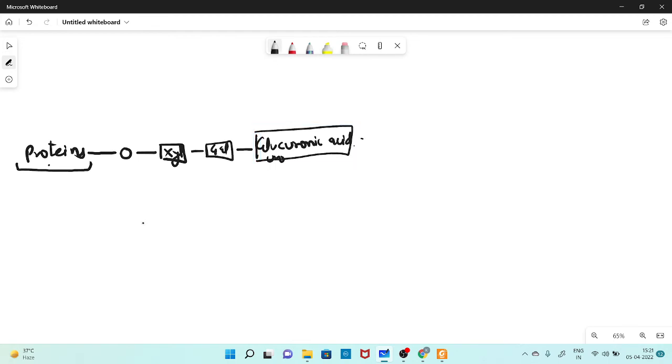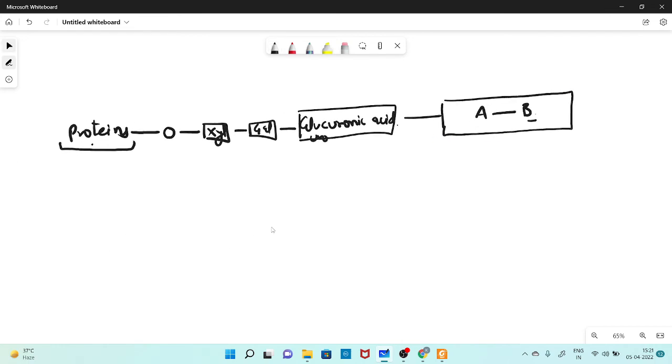And then comes your repeated disaccharide units A and B. So this is how your heteropolysaccharides are attached to the cell membrane. They are attached with the protein with a glycosidic bond, right?